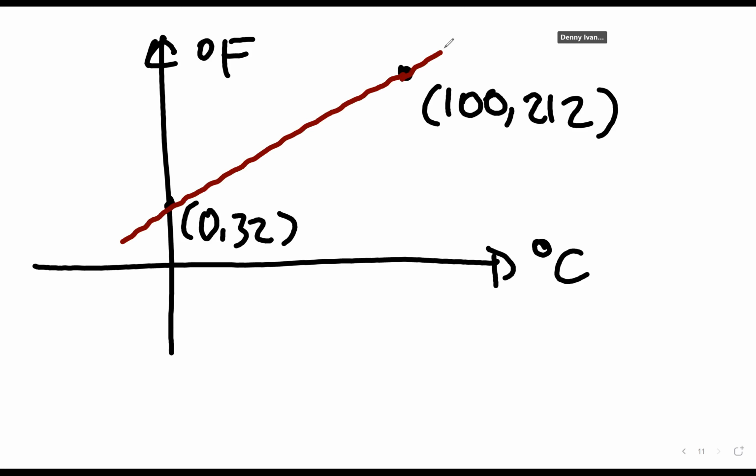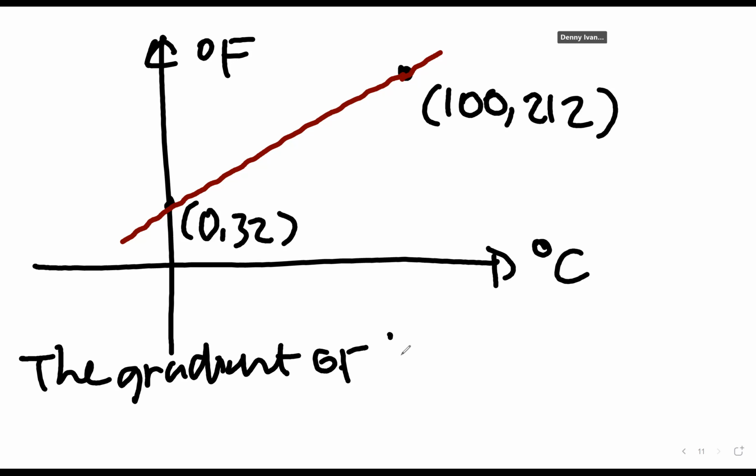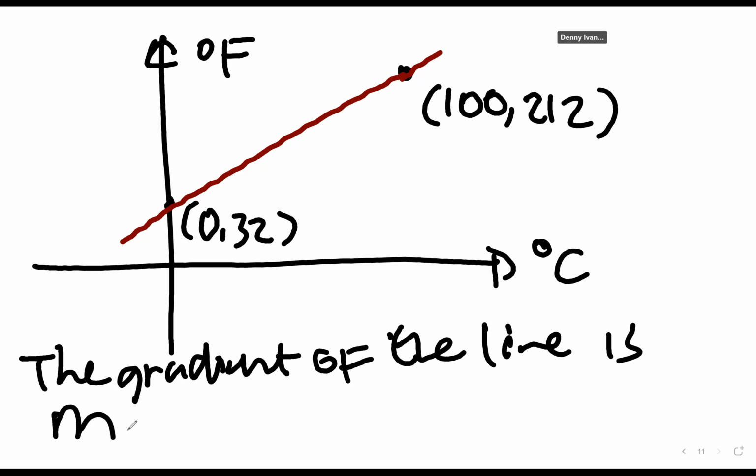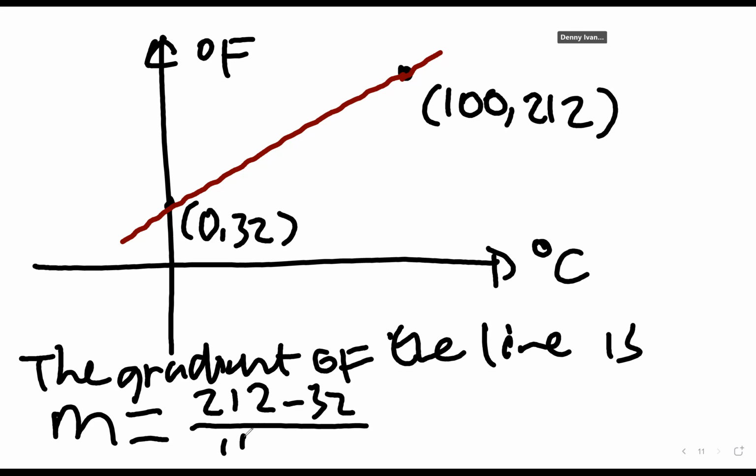Of course, we should look for the equation of this line. If we are given 2 points, then we can obtain the gradient. The gradient of the line is m, let's say, equals 212 minus 32 divided by 100 minus 0.